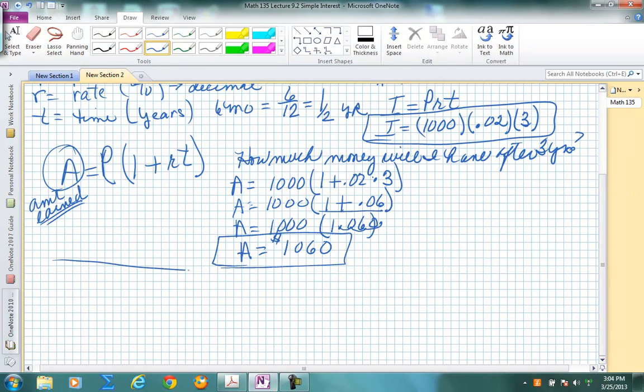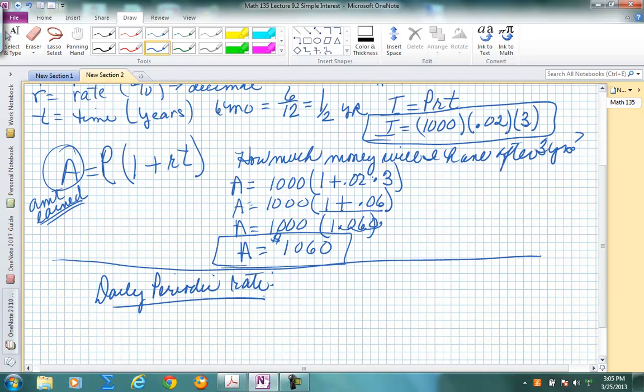On a credit card statement, you see the daily periodic rate, and then it also gives you the annual percentage rates.